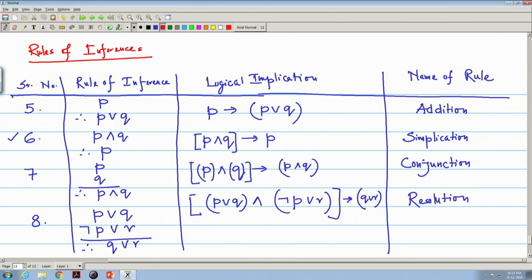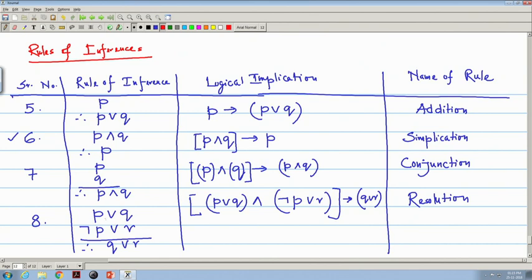We will see examples later, that when we try to prove some theorems, then instead of applying the simple laws of logic, we can apply these rules of inferences. But whenever we apply these rules of inferences, we have to mention which rule we are using, and that is much easier, because we have to remember the names of the rules.